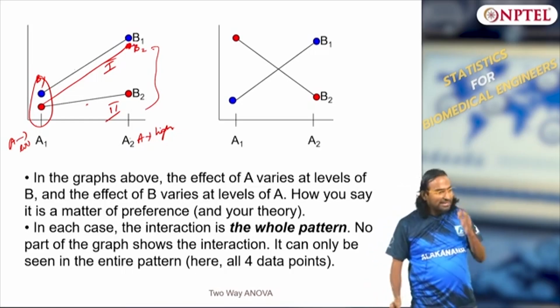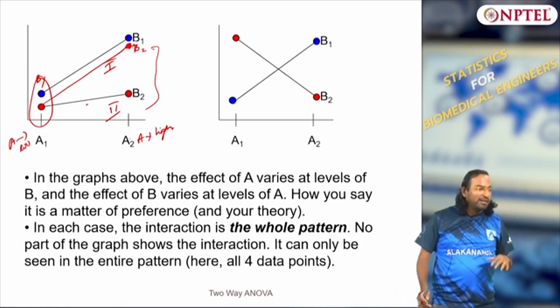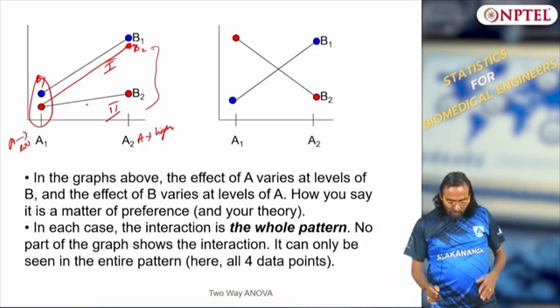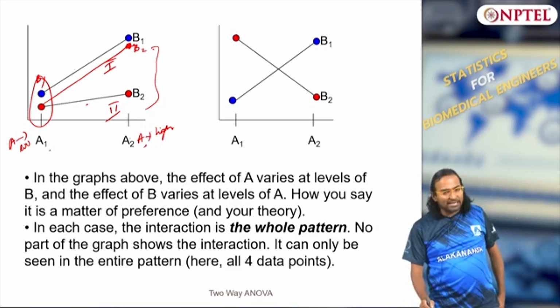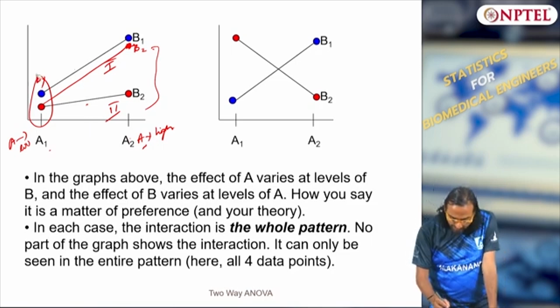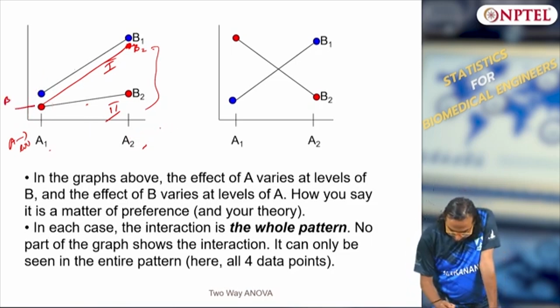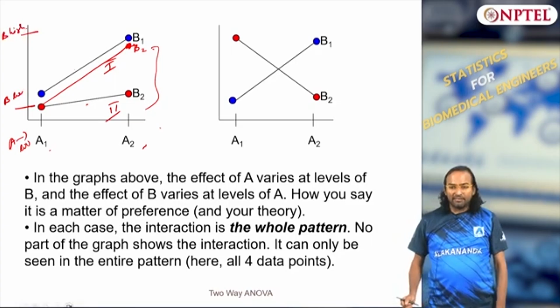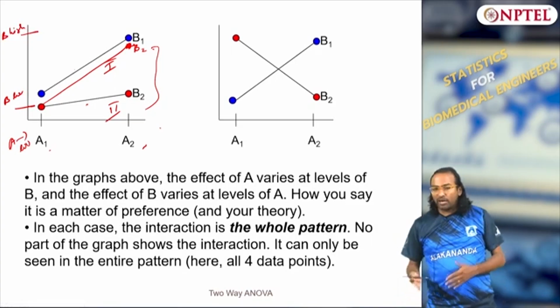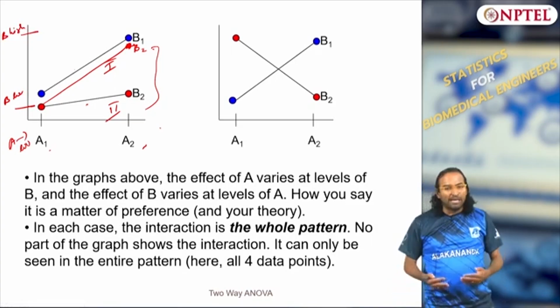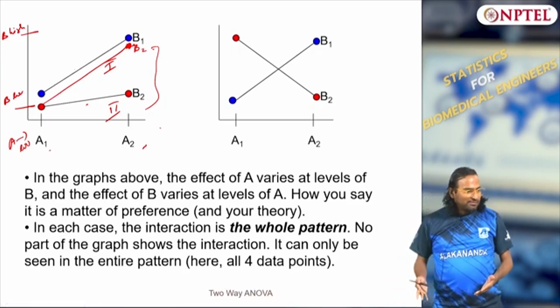So A is at a low level and at a high level, B is at a low level and at a high level. You mark A1, A2 as A low, A high, B low, B high, clear?